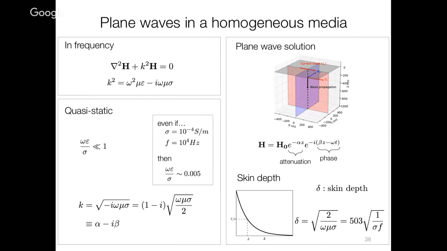If we put all that into a plane wave solution, in a plane wave, that's just moving vertically down. So anywhere in the X or Y directions, everything looks the same.